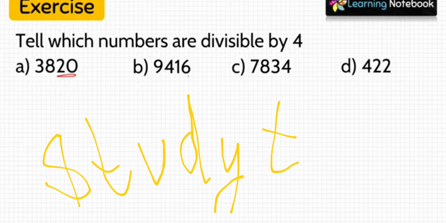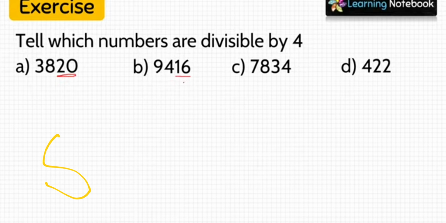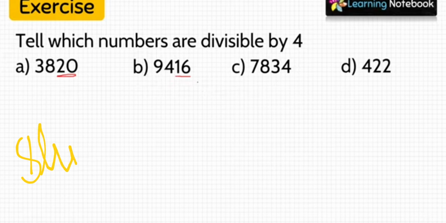Next number is 9416. So, the number formed by its last two digits is 16, and 16 is divisible by 4. So we can say 9416 is divisible by 4.